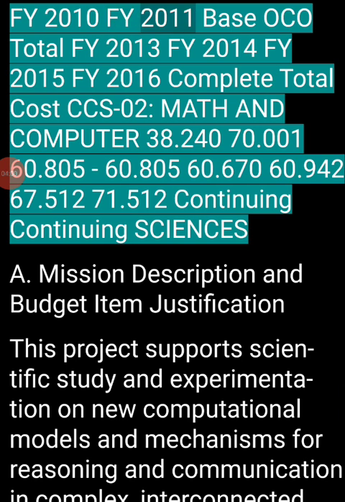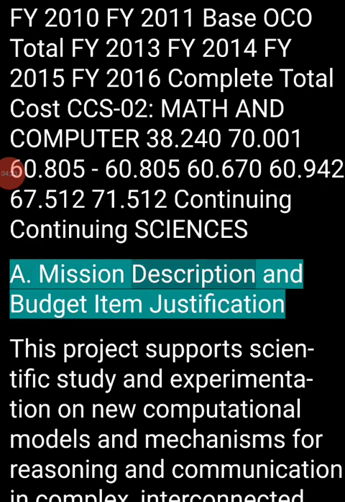CCS-02 Math and Computer Sciences: FY2010 38.240, FY2011 70.001, FY2012 60.805, minus, 60.805, 60.670, 60.942, 67.512, 71.512, Continuing. A. Mission Description and Budget Item Justification.